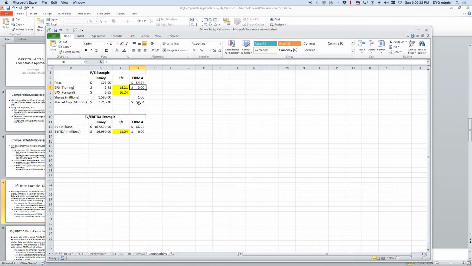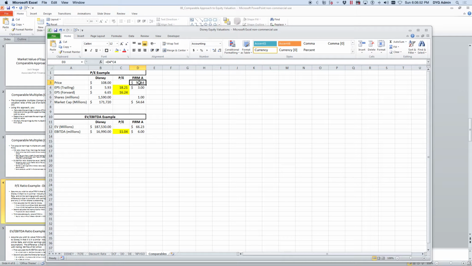And when we do that, we're going to calculate the price as just $3 times 18.21, right? And that's $54.64. And so that's quite simply what you do.